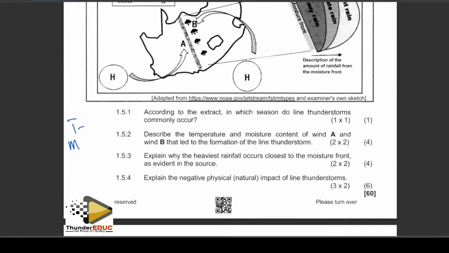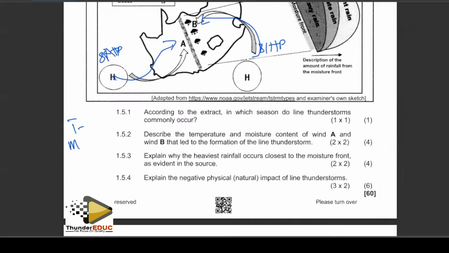That is temperature. So if we check the air which is coming from A, it is coming from the South Atlantic. This is the South Atlantic. I think we've talked about that. High pressure. And this is the South Indian high pressure. And their anticyclonic circulations are going to feed in air to the interior. Anticyclonic circulation from there and here.